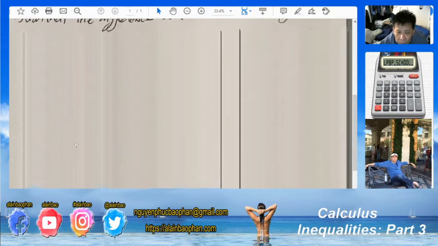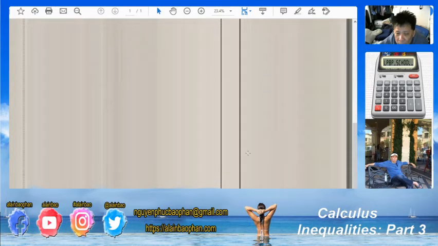The foci can lie either on the x-axis or the y-axis. In the first case, the foci lie on the x-axis. So this hyperbola will have this form: x squared over a squared minus y squared over b squared equals 1, and the foci will lie on the x-axis.